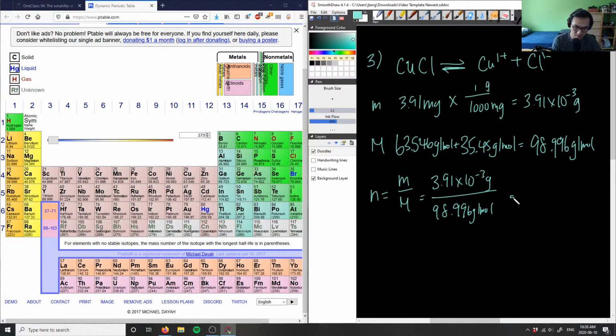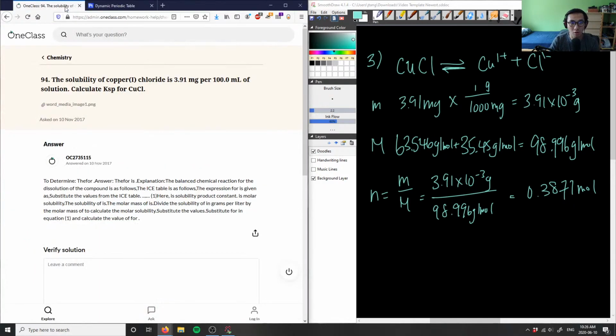So this is 3.91 times 10 to the negative 3 divided by 98.996, and this will give us a value of 0.3871 moles.